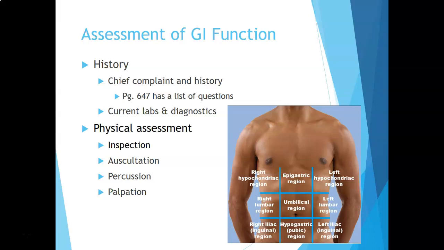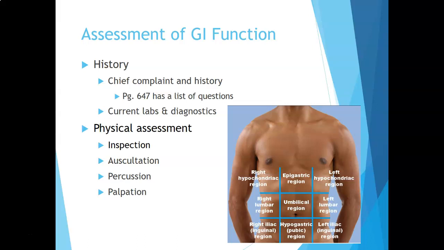But basically, we want to be asking about any family history of anything significant for GI, so any GI cancers, IBS, anything like that. We also want to be asking about diet, dietary intolerances such as lactose, any GI pain, bowel patterns, normal and not normal for them, any exposure to toxins or chemicals that might be impacting their GI system currently, and problems with blood clotting.